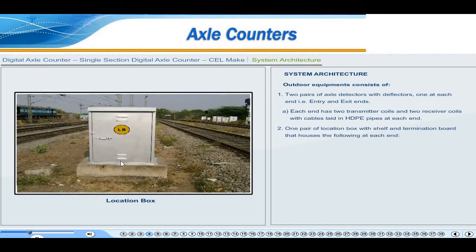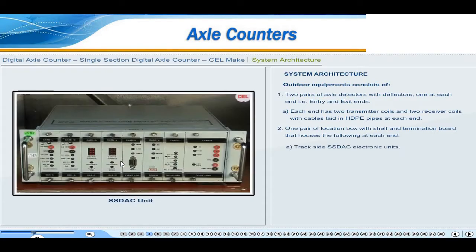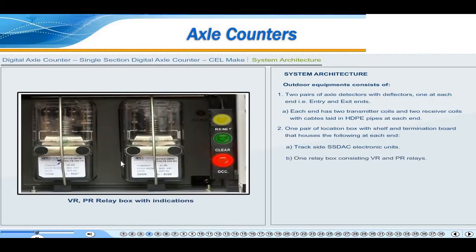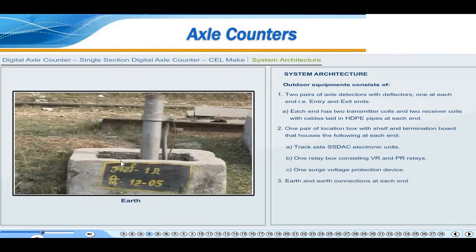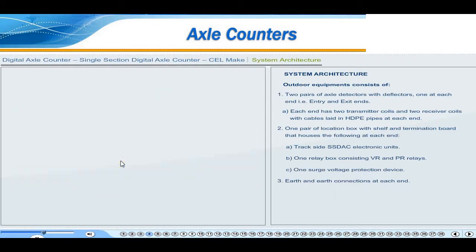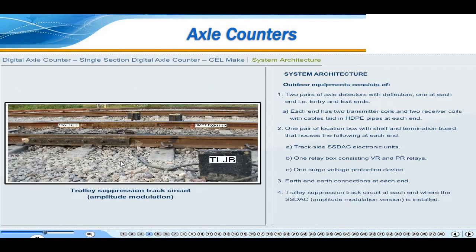One pair of location box with shelf and termination board houses the following at each end: trackside SSDAC electronic units, one relay box consisting VR and PR relays, one surge voltage protection device, earth and earth connections at each end, and trolley suppression track circuit at each end where the SSDAC amplitude modulation version is installed.